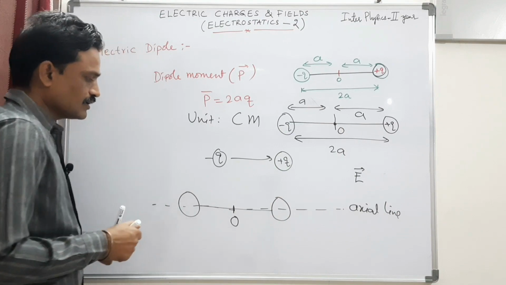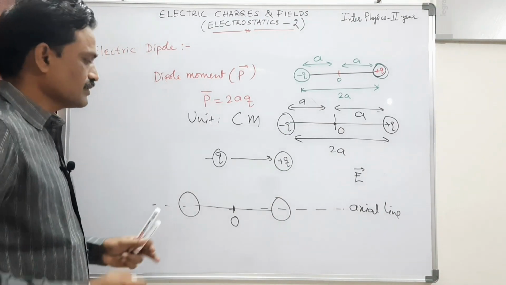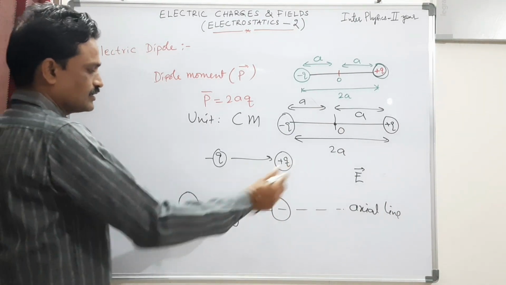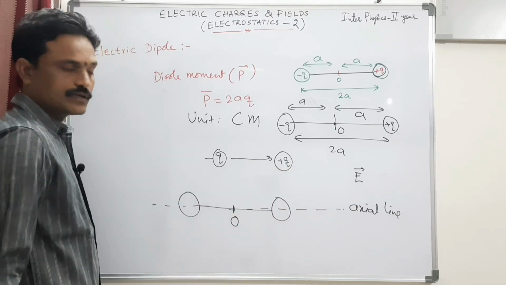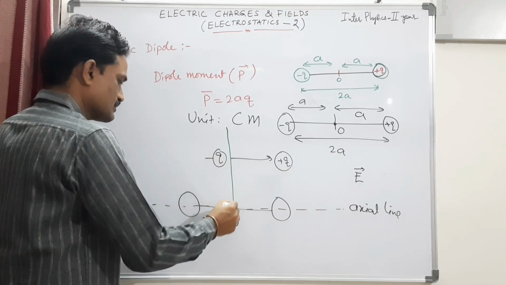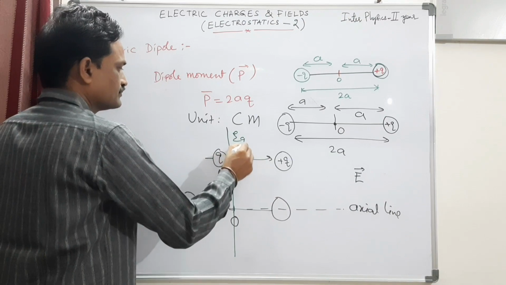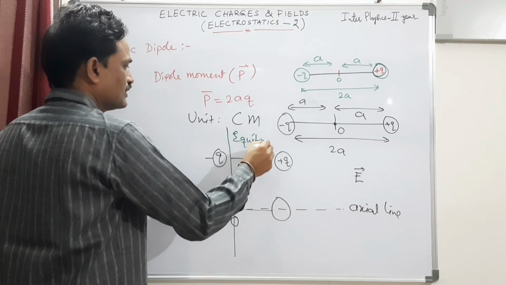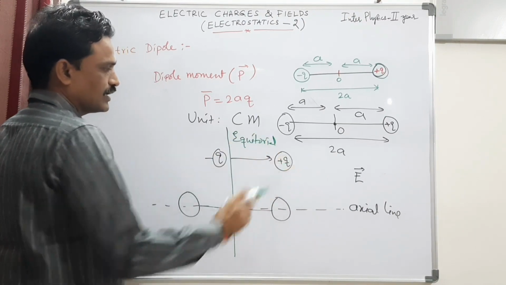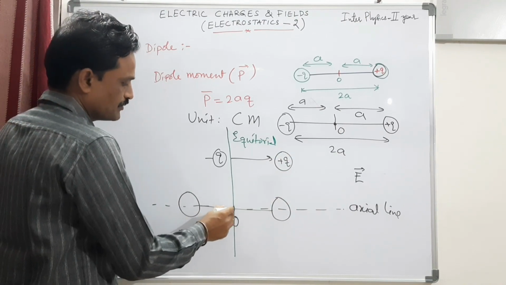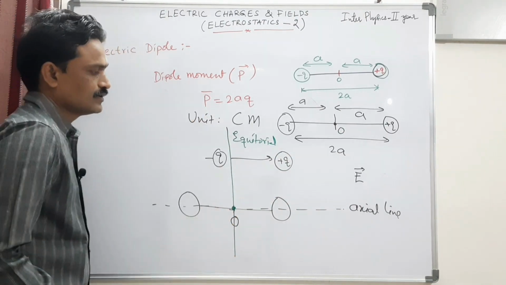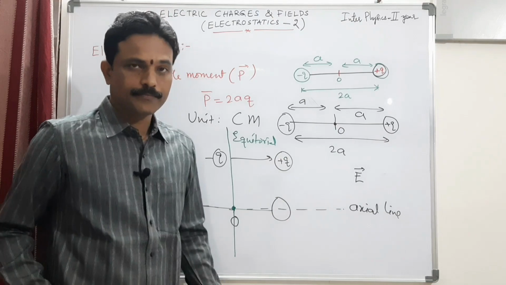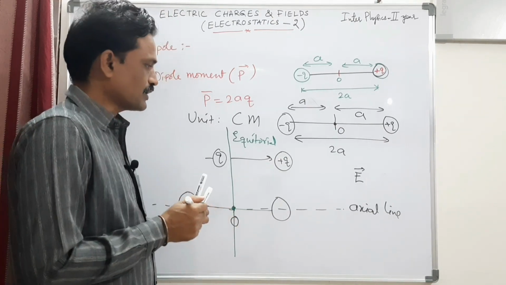The other axis is the perpendicular bisector of this axial line, called the equatorial line. The equatorial line is perpendicular to the axial line and passes through the midpoint, that is the center of the electric dipole. So this is about the two types of axes.